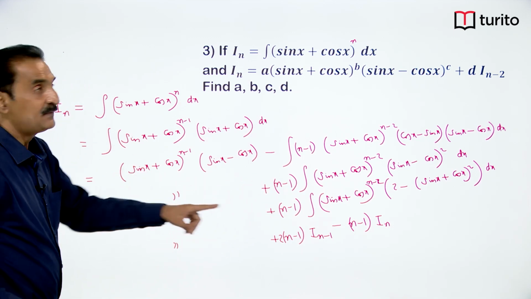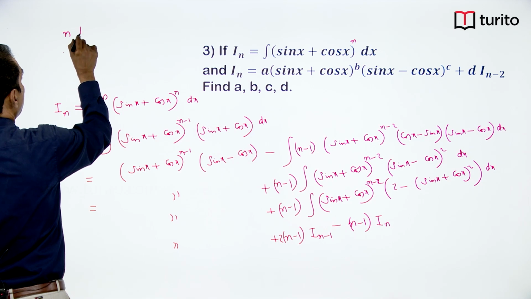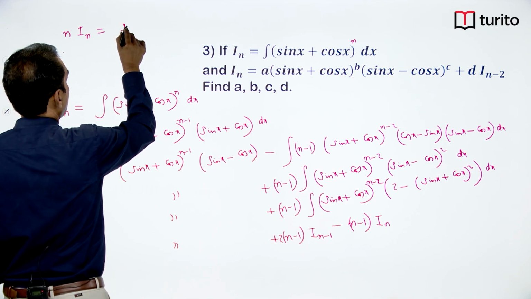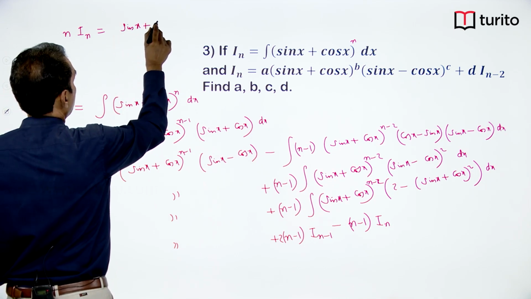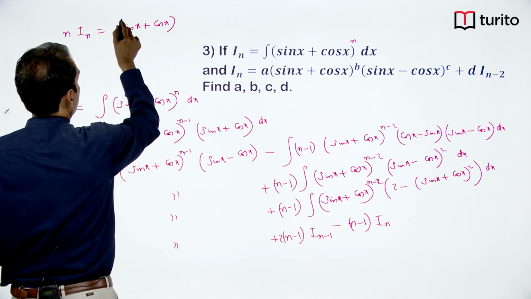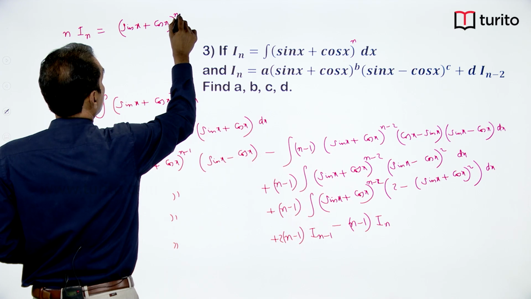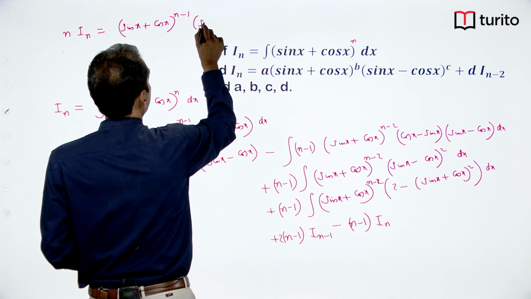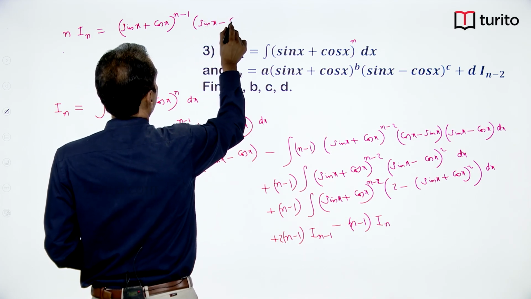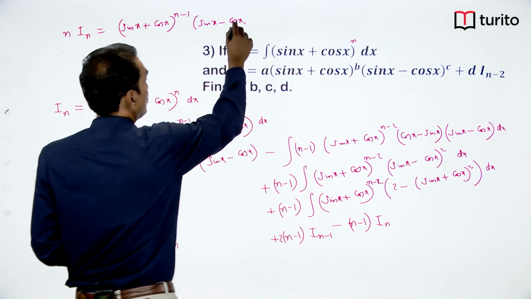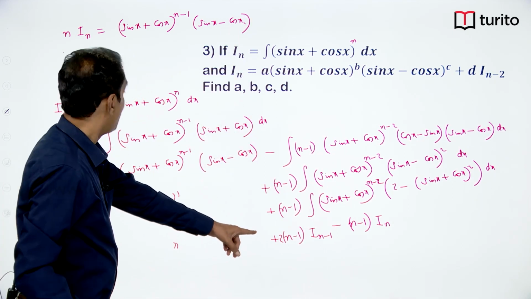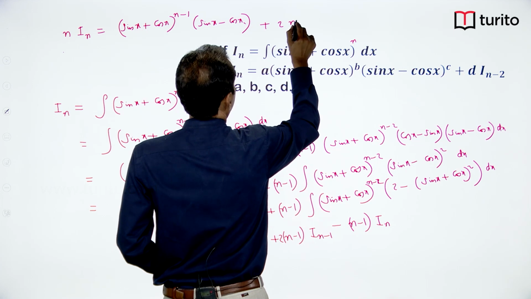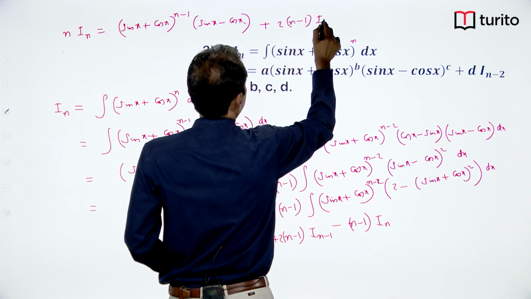In plus (n minus 1) In will be n In, is equal to (sin x plus cos x) whole power n minus 1 into (sin x minus cos x) plus 2 into (n minus 1) into In minus 2.